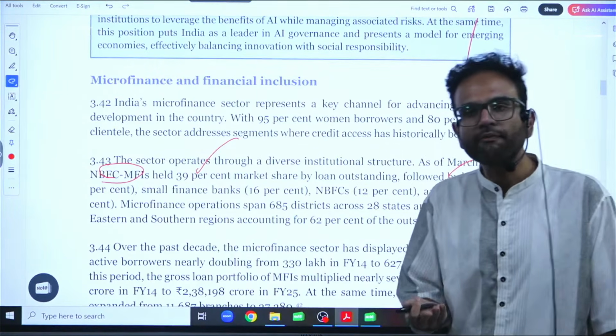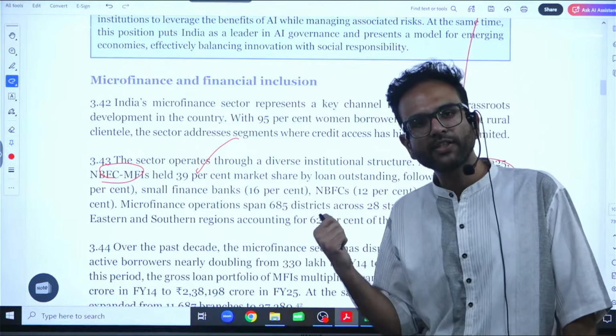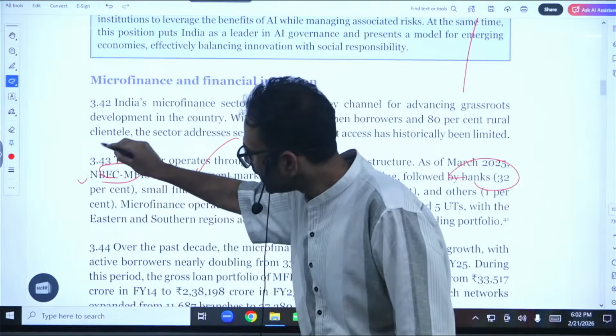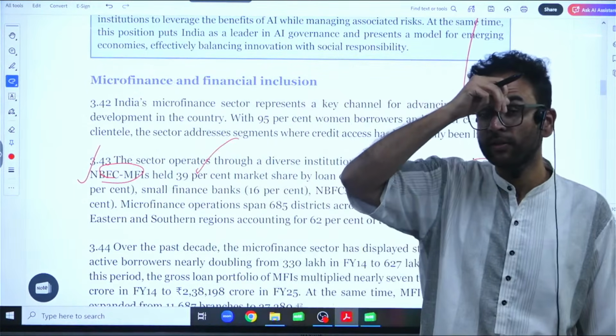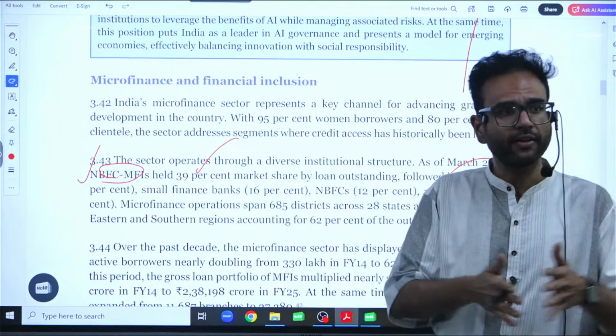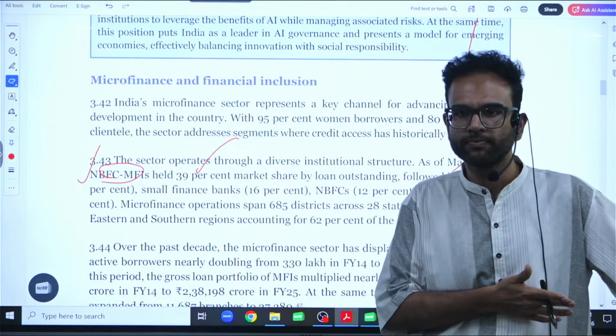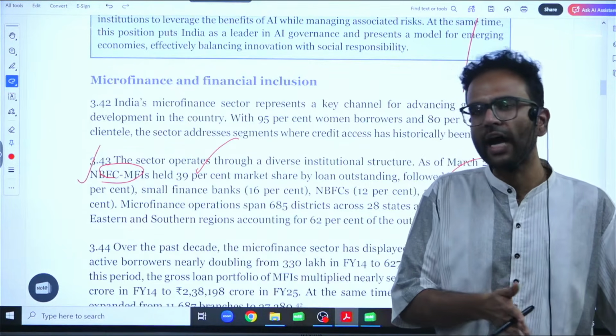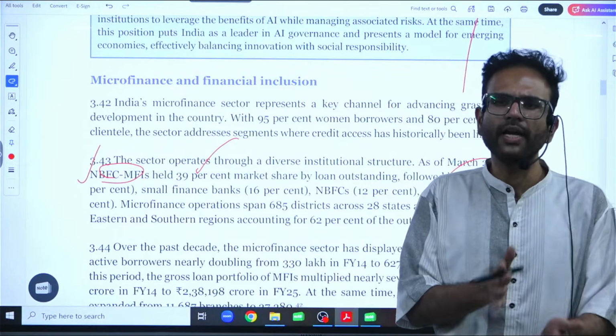So if I were to confuse you with a trend-based question, please note this point. Why do you see NBFC dominance? Traditionally, they have a head start. They were there before RBI brought them under regulation.